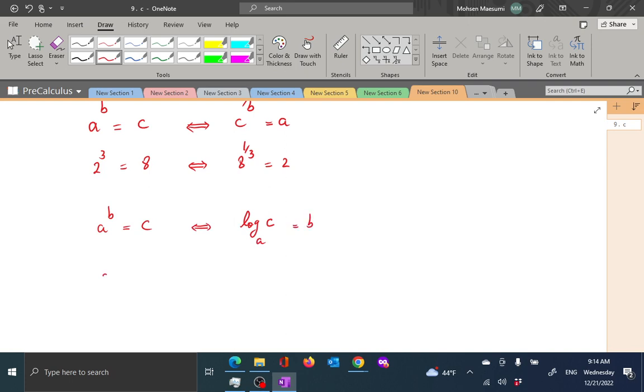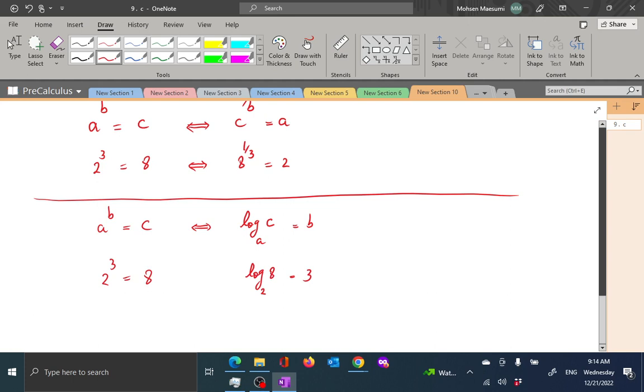For example, if I have 2 to the power of 3 is equal to 8, I can say the logarithm of 8 in base 2 is the number 3. So the conversation above is a way to get ready for logarithm, which we are going to restart in the next lecture. Until that time, good luck and God bless.